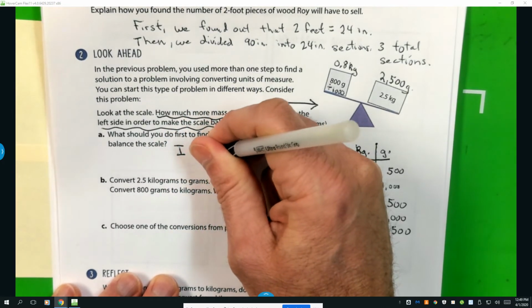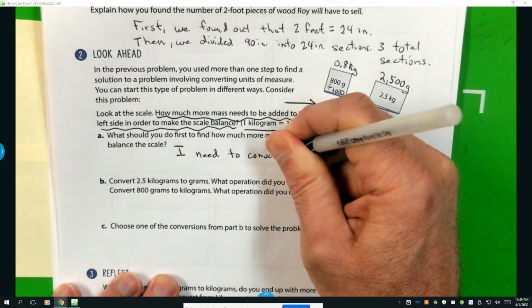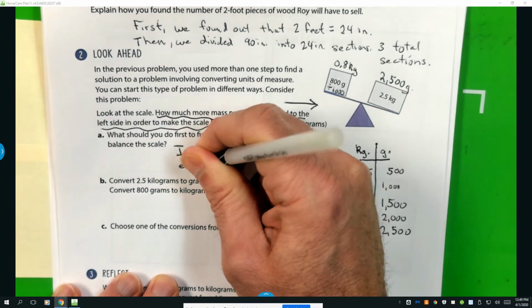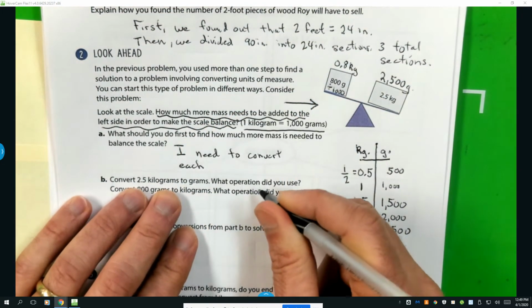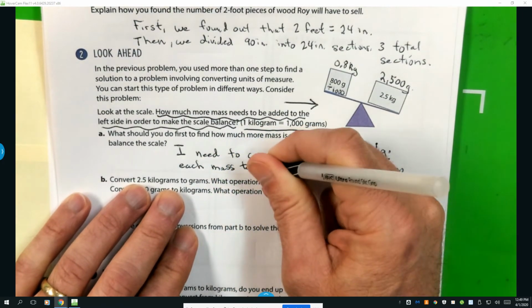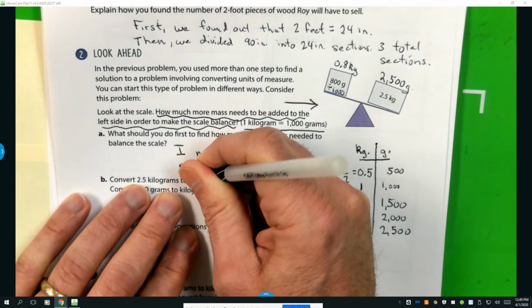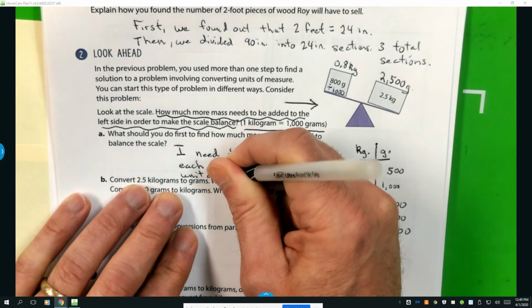I need to convert each mass to a like unit of measurement.